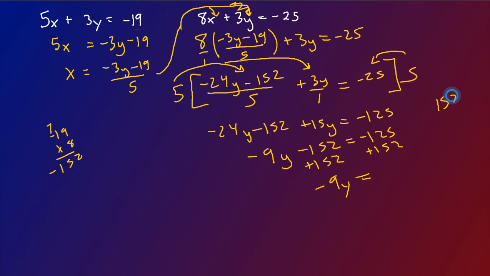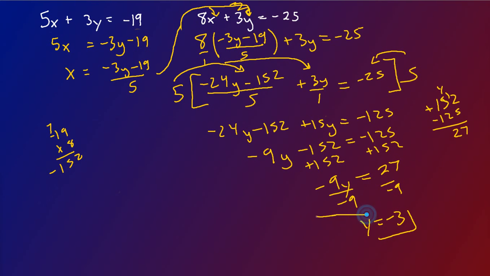So if you have the same number here, you're going to want to go for that variable to start with. So what do we get? We have 152 minus 125. We have a 27 divided by -9. And y is -3. Now I back substitute in, right? That's going to go into here.